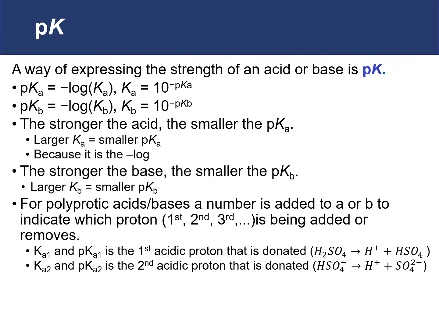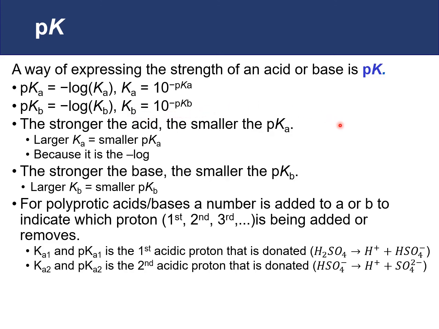Just like with the pH and the pOH, we can get back our initial values by taking 10 raised to the negative of the p value, right? So we can get back our Ka by taking 10 raised to the negative pKa, and we can get back our Kb by taking 10 raised to the negative pKb.